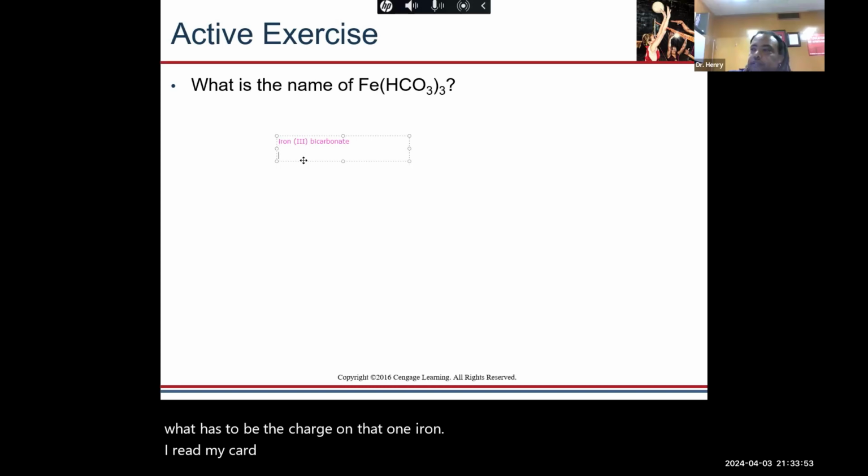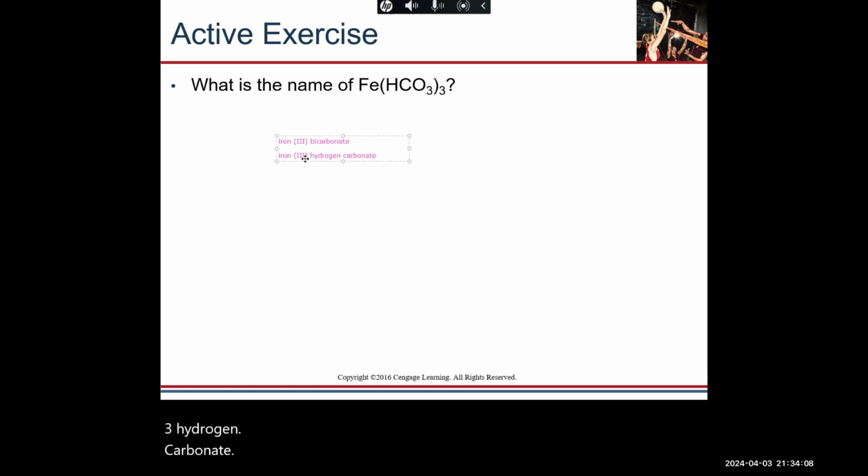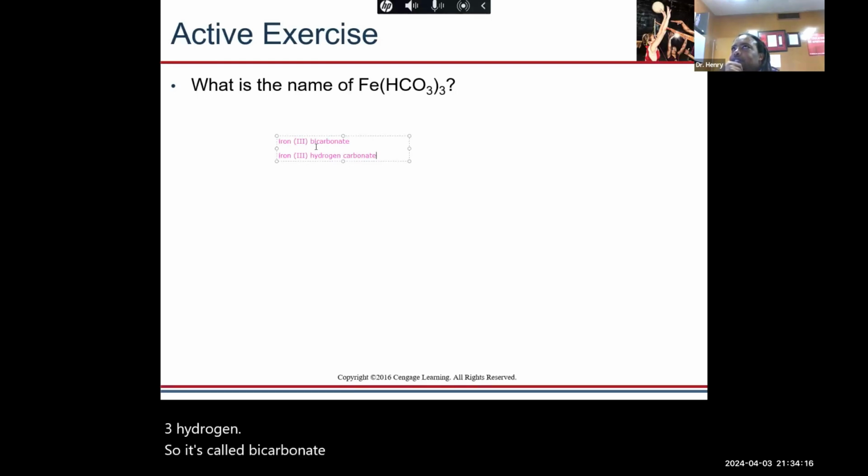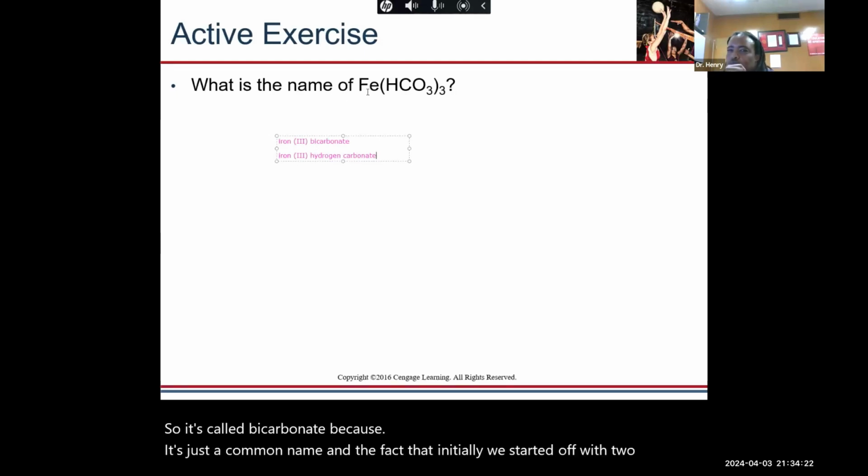Or we can also call it iron(III) hydrogen carbonate. Why is it called bicarbonate if there's no two? It's called bicarbonate because it's just a common name, and the fact that initially we started off with two hydrogens and we ended up losing one.